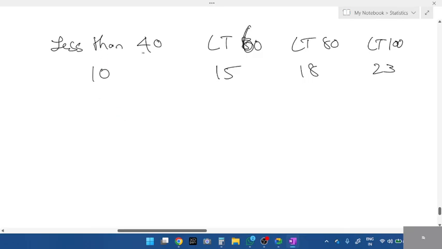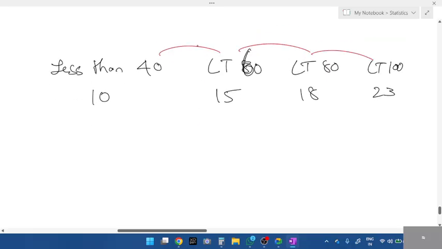Now look at this, students. Less than 40 is given. Less than 60, less than 80, less than 100. What is the difference between 40 and 60? Respond. What's the difference? 20. What is the difference between 60 and 80? Everything is 20. So what should be the value before 40? Should it be 20 or 30? Very good.